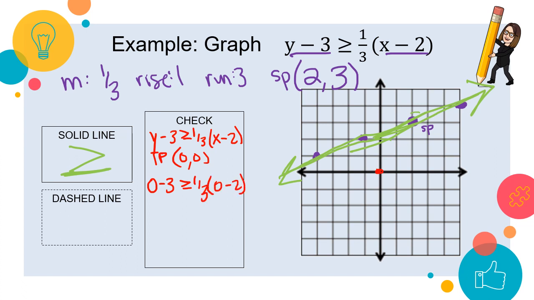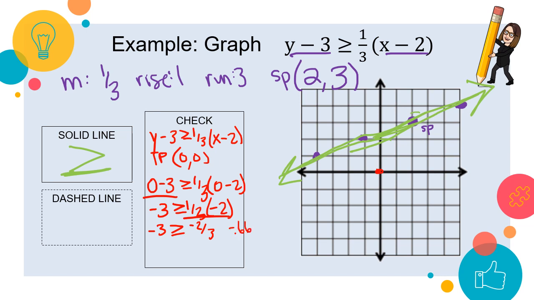Let's deal with that left side. What is 0 minus 3? Negative 3. I'm going to do parentheses first with 0 minus 2. Negative 2. All right, I'm going to keep that left side, but this right side here actually becomes negative 2/3. Okay? It's a fraction. If you use your calculator, you would get something like negative 0.6 repeating.